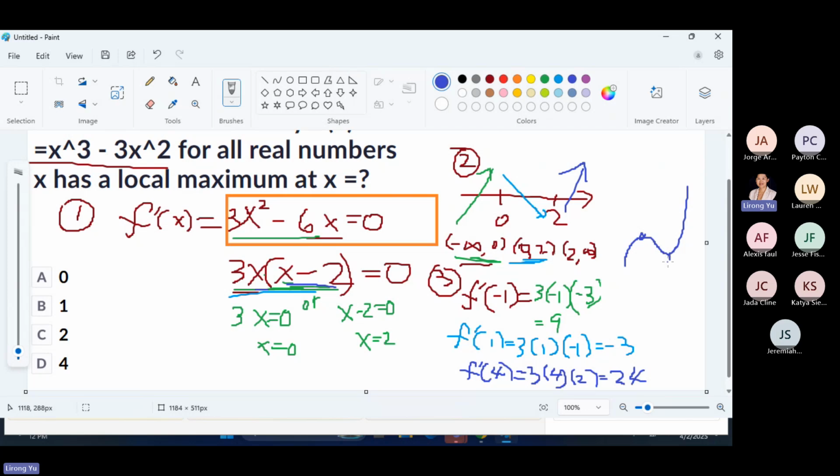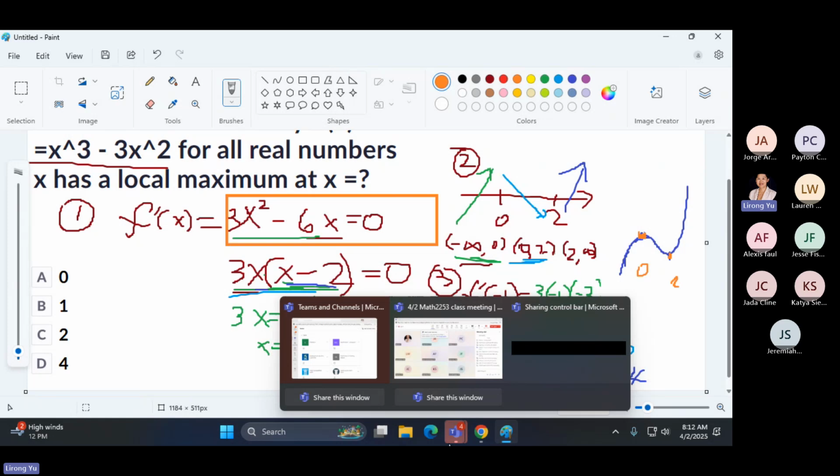I didn't do any y value calculation, so that's hardly the entire curve sketching process. But by now you should see the overall shape. At x equals 0 there is a local maximum, and at x equals 2 a local minimum.